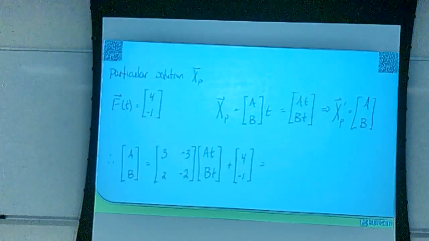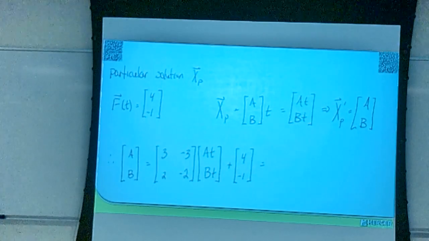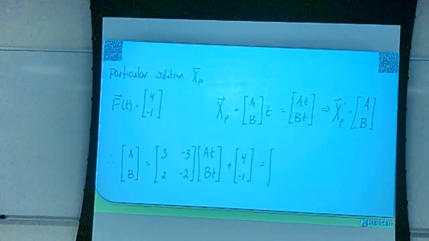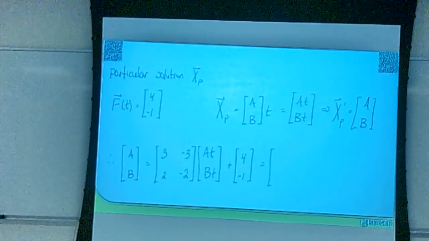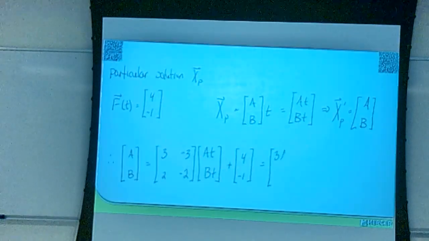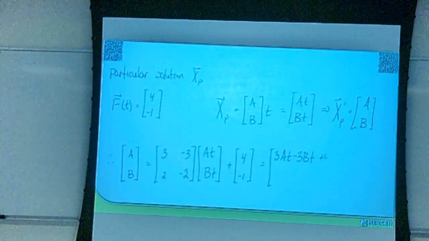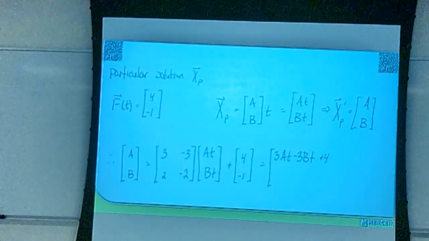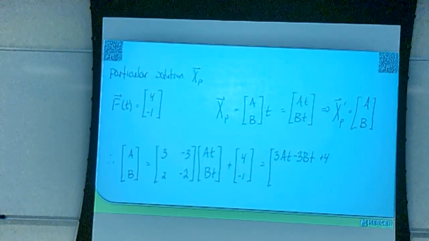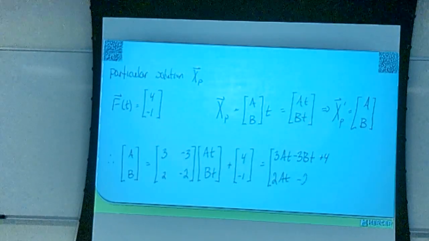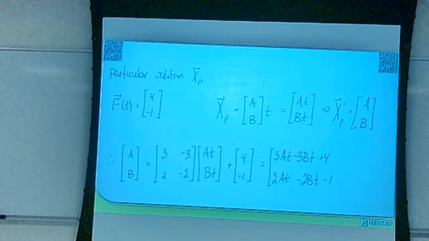All right, do the matrix operations, so product and add. 3At minus 3Bt plus 4, 2At minus 2Bt minus 1.